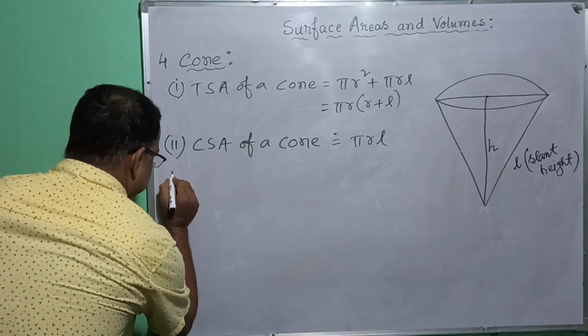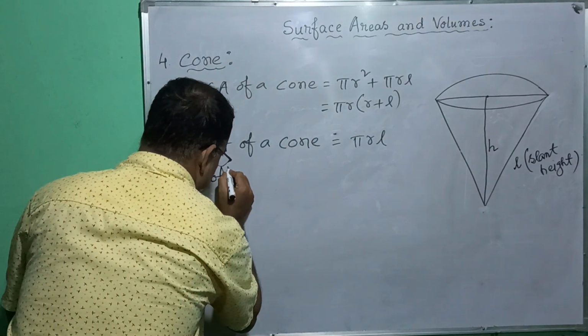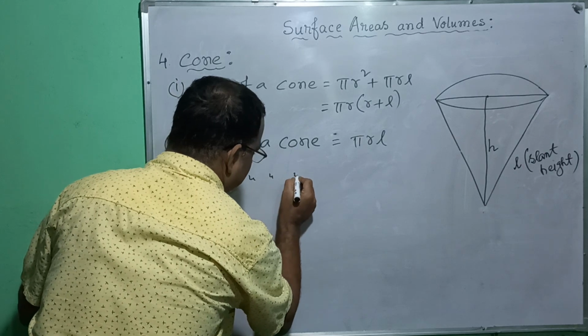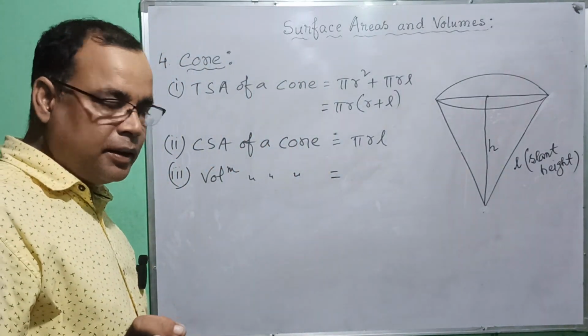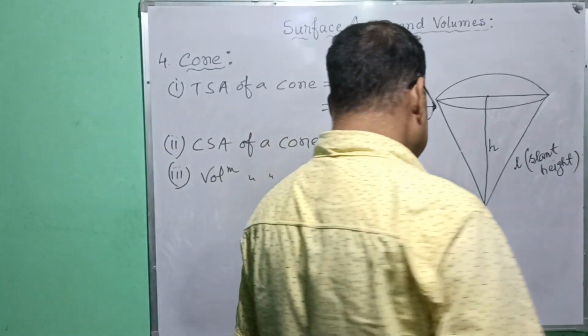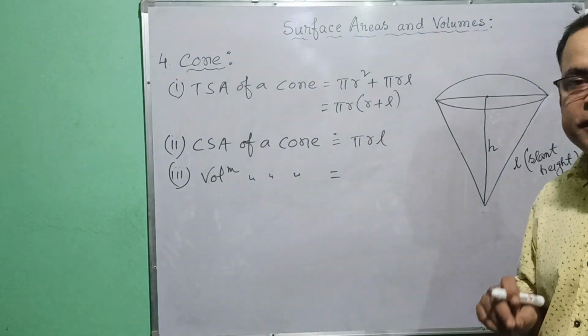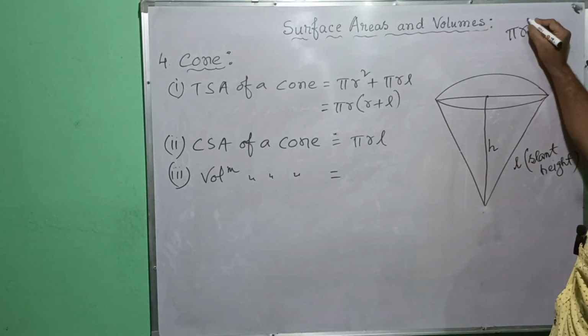Now number 3, volume. Volume of a cone. In case of volume, you can compare with the cylinder. What was the volume of a cylinder? It was pi r square h.